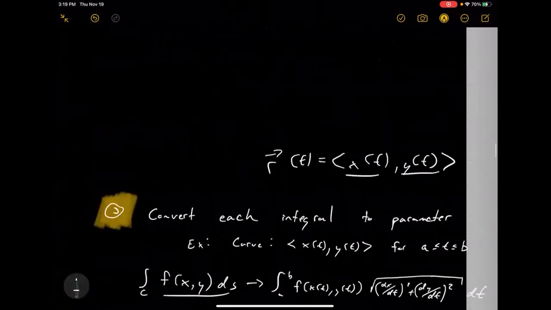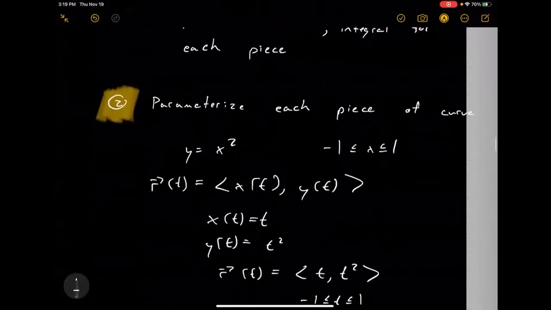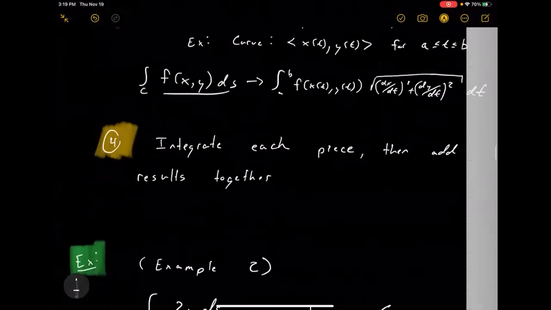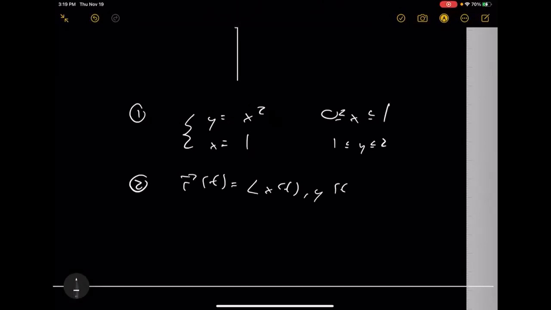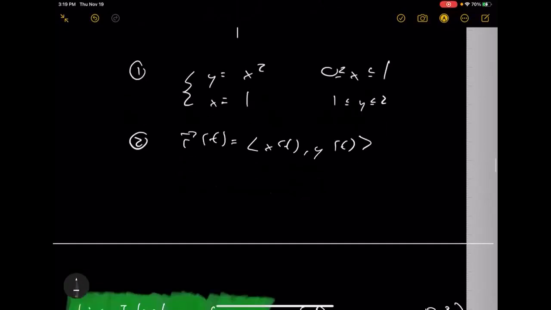So step 2, we need to parameterize each of those curves. What's the parameterization for y equals x squared? I need to write this as a function r of t equals x of t, y of t. Once again, I could just let x equal t, and then y equals t squared.